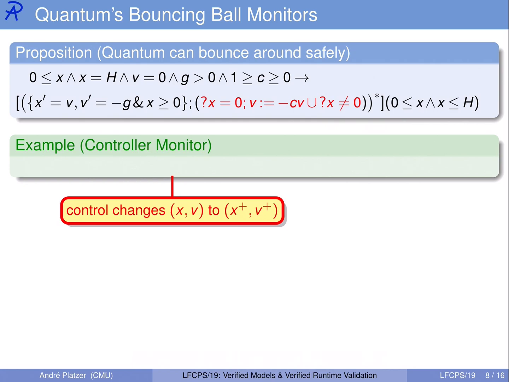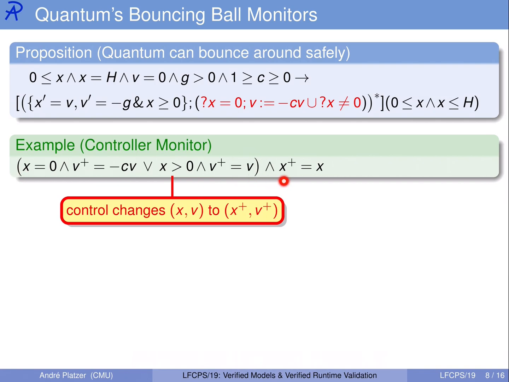And that's actually very easy, right? This controller has two behaviors that are combined by nondeterministic choice. So if we want to develop a logical formula for the job, we turn this into a disjunction that says, there's two behaviors, the ones where we happen to be on the ground, and our new velocity is the negative damping coefficient applied to the old velocity, or we're above ground, and then the new velocity is identical to the old one.